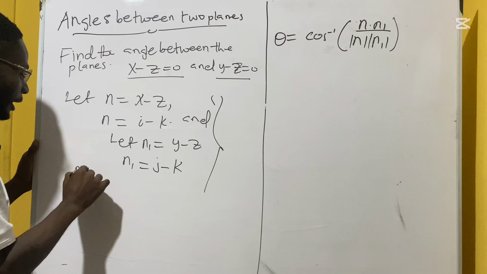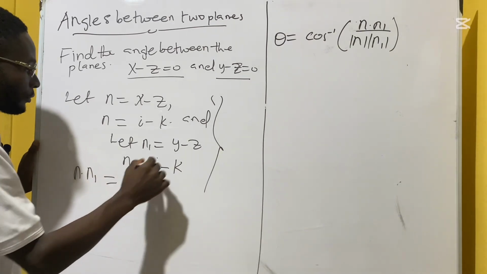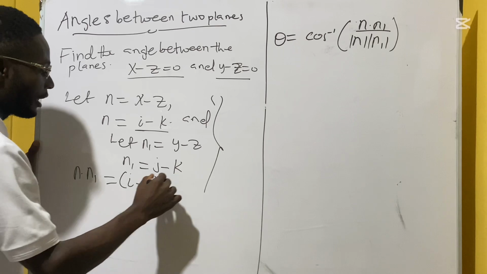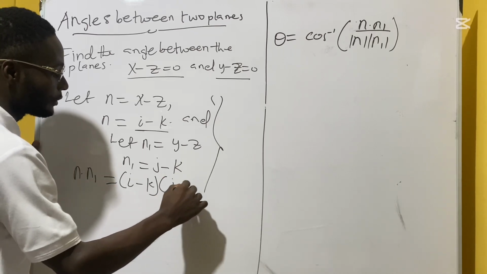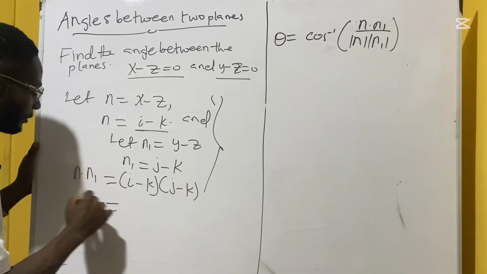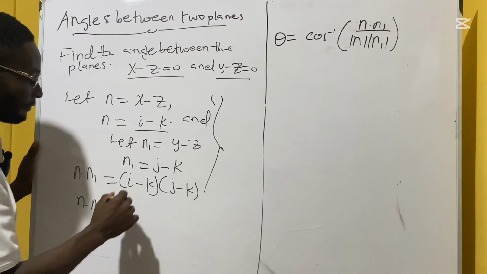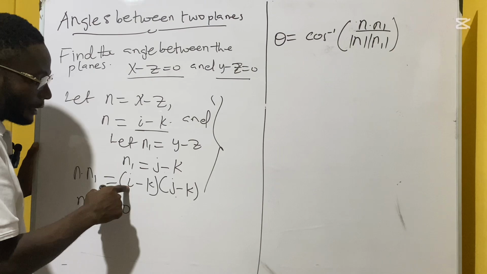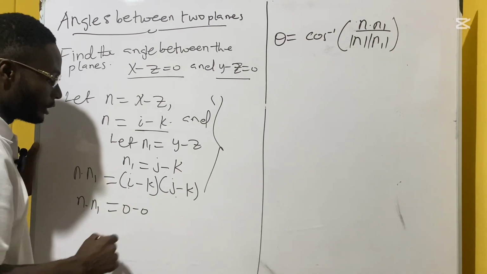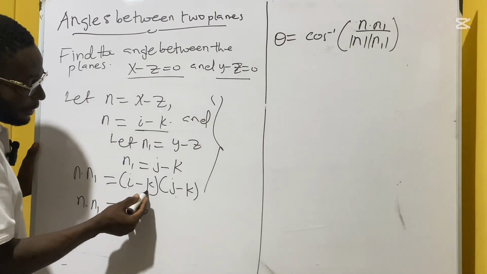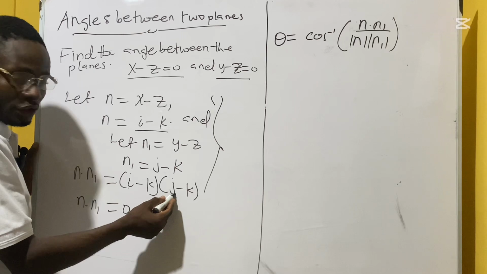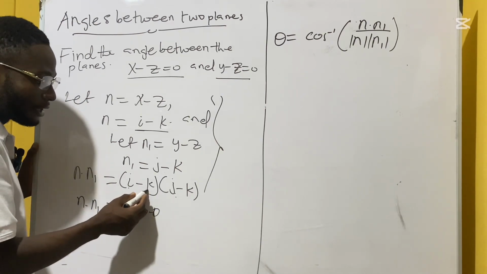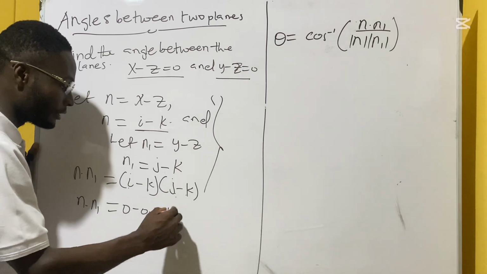So n dot n1 is (i - k) times (j - k). We have i times j is 0, i times k is also 0, k times j is also 0, and then minus k times minus k is positive 1.